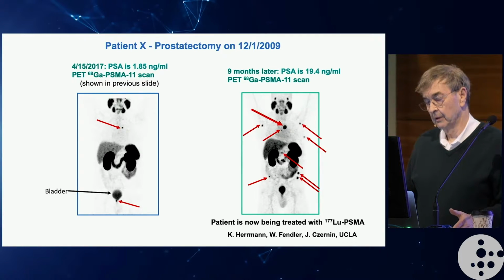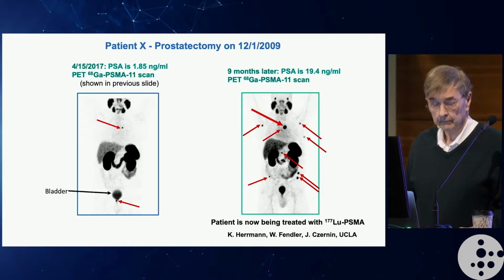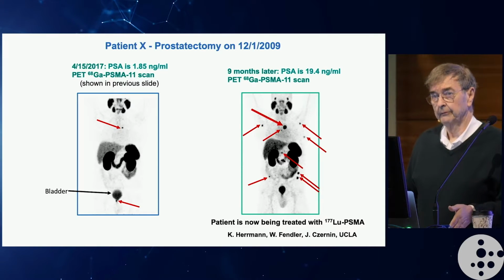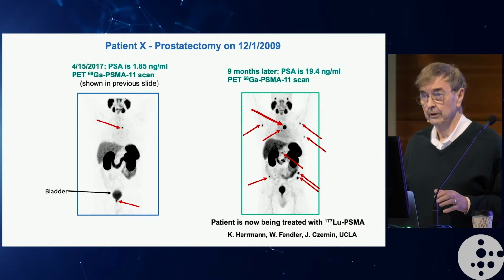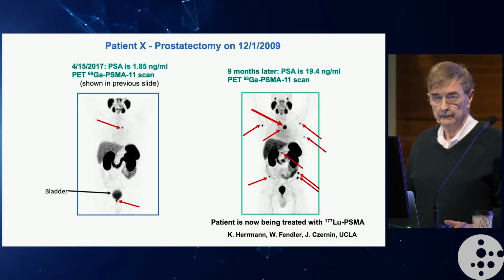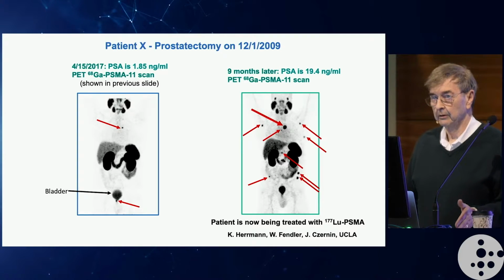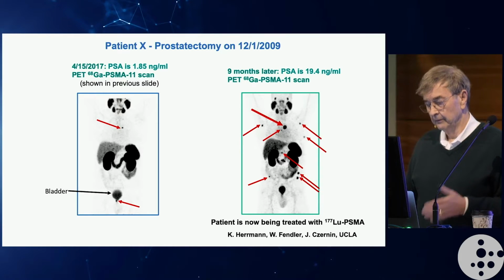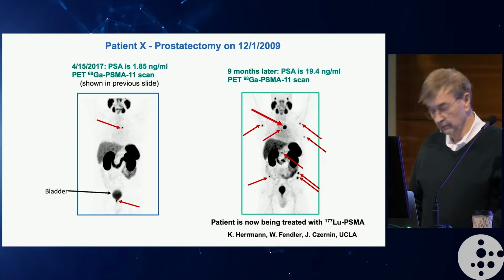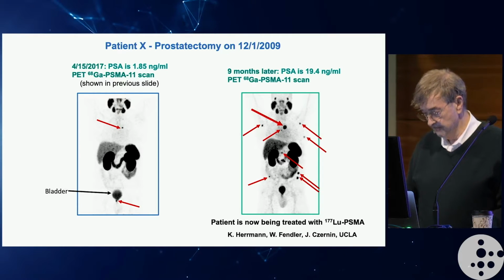Now his PSA has gone from 1.9 to 19. You see that small rib lesion is now large in multiple metastases. So this was a mistake, but these kinds of mistakes are going to be made early on. So now we are treating the patient with the lutetium PSMA.